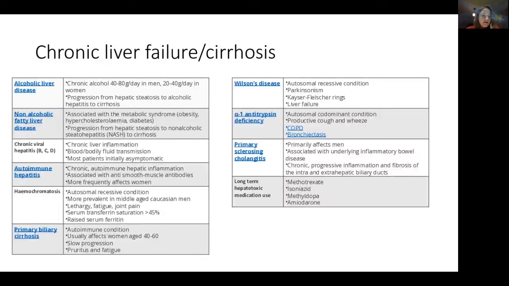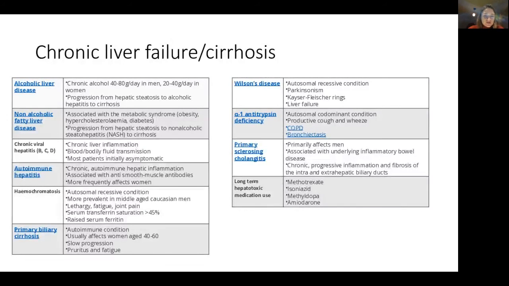So, for example, alcoholic liver disease is obviously associated with excess alcohol intake, and it can cause cirrhosis. But also that you can get cirrhosis caused by primary biliary cirrhosis and autoimmune conditions, which is associated with IBD. And also PSC is another associated with IBD, likely autoimmune disorder.